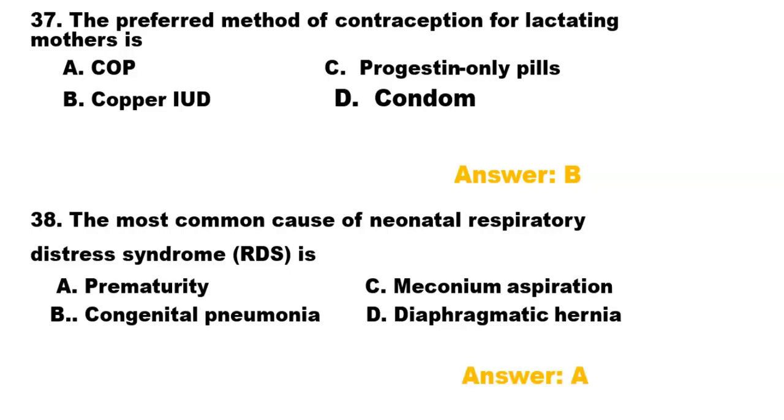You said A, you have got it, because premature infants are at high risk for neonatal respiratory distress syndrome due to underdeveloped lungs and insufficient lung surfactant production. This results in respiratory distress syndrome.